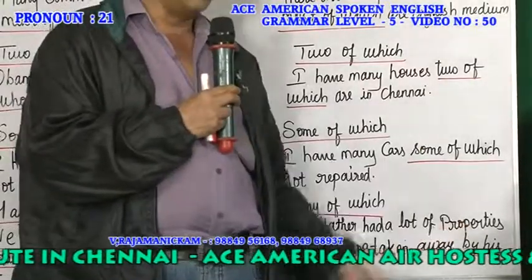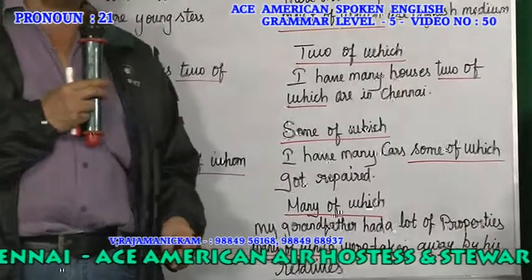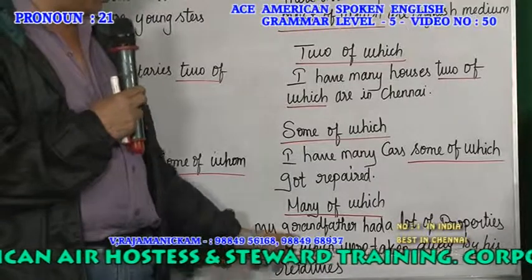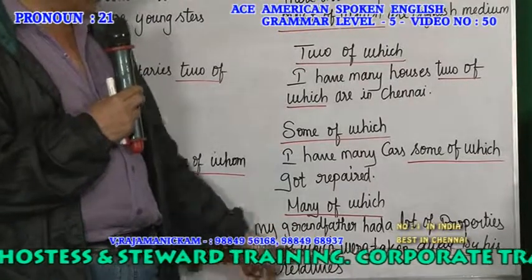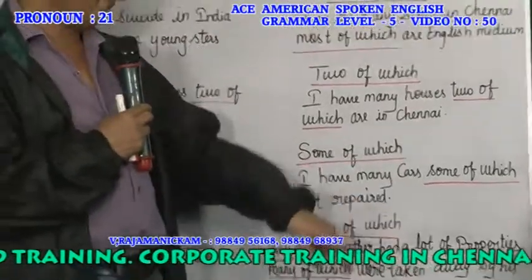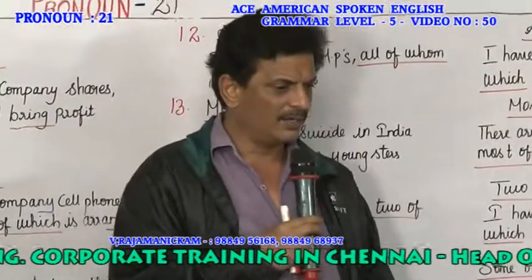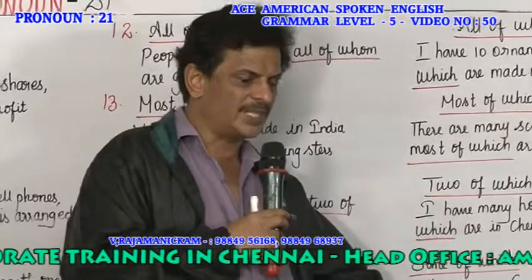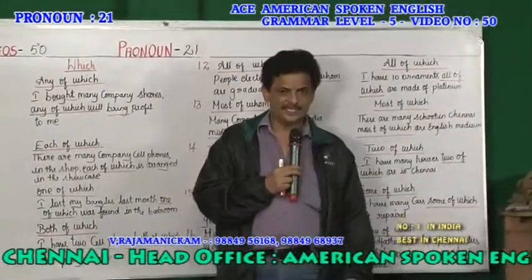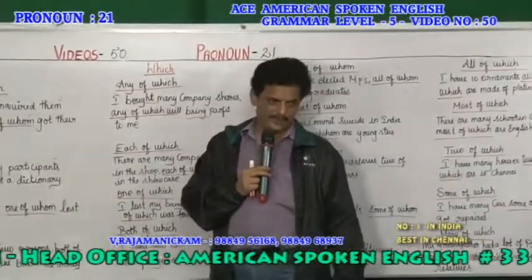Since properties are non-living, not human beings, to mention the non-living you are using many of which. So out of that, many of which were taken away by his relatives. So which stands for what? The object in the main sentence, property. It is non-living. Hope you are able to understand.